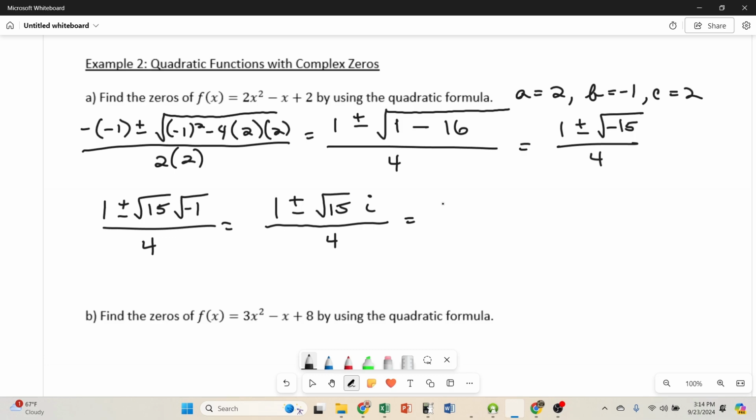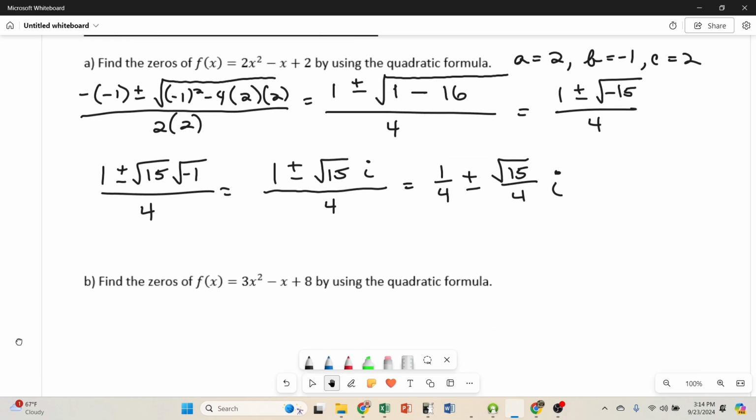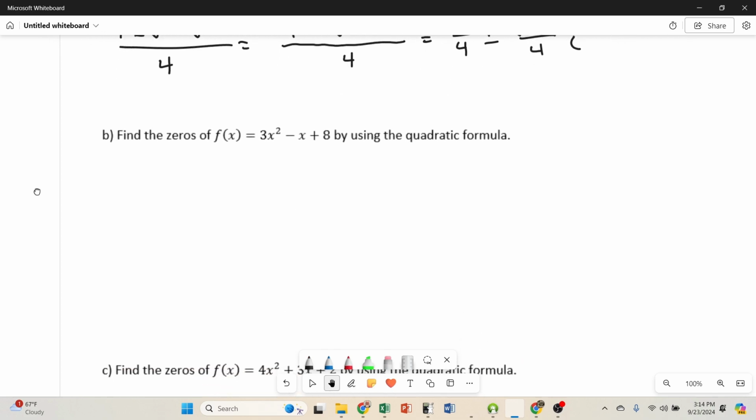So this would be 1/4 plus or minus the square root of 15 over 4 i. And that's our answer. It is a complex number, right? i's always got to go in the back. And we have to make sure we put it there.